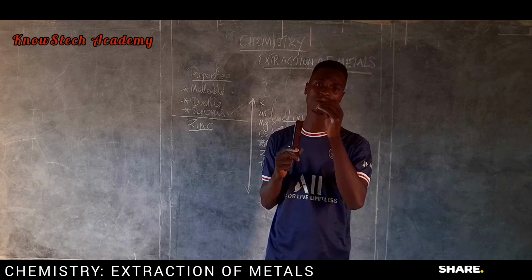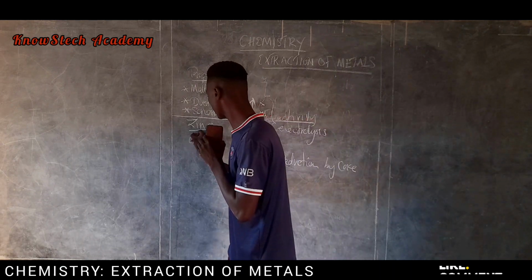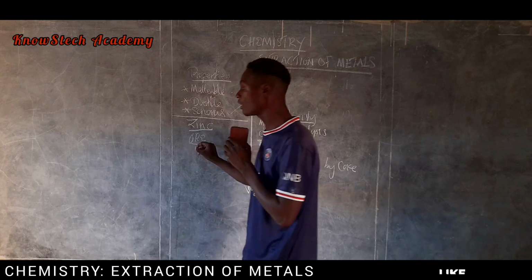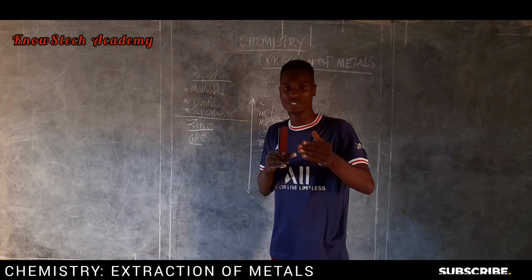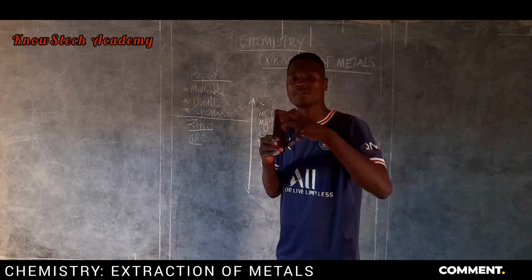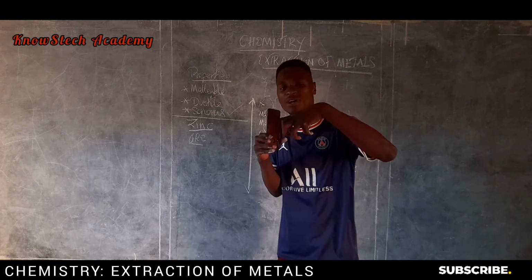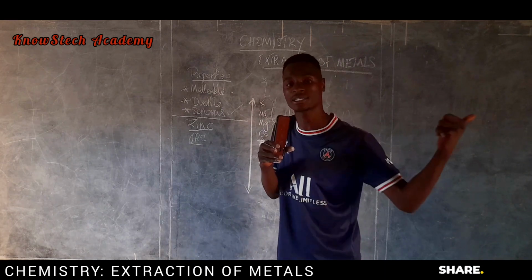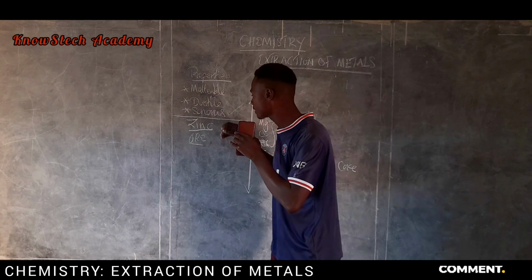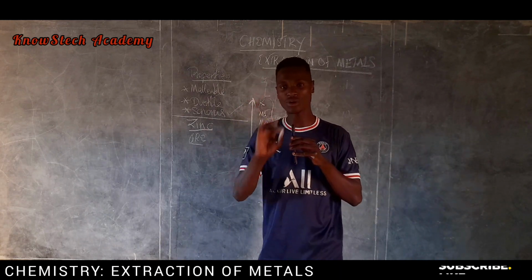Now, you need to know the ores of zinc. An ore is a compound or a mixture of a metal with impurities, from which a metal is extracted. In this case, we're going to look at 2 ores of zinc.